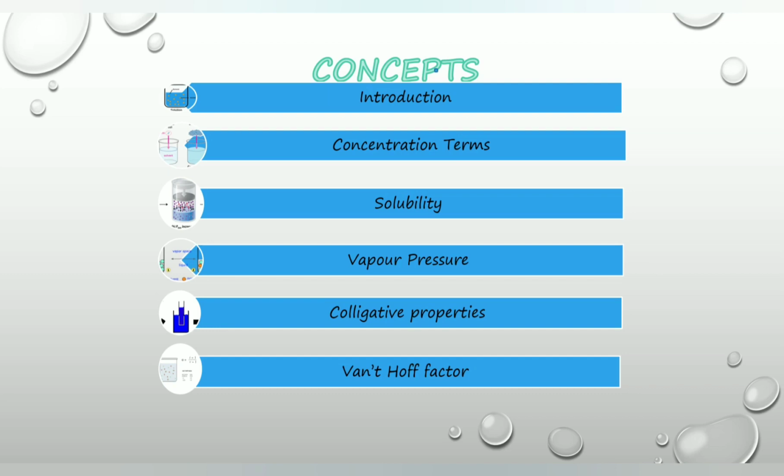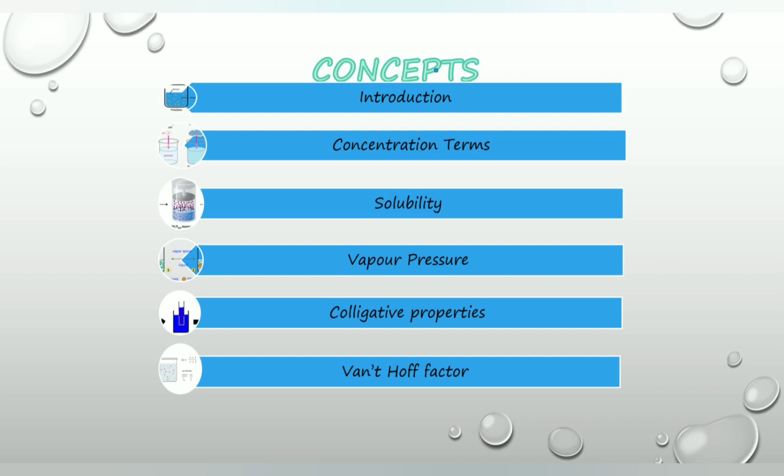Next is solubility. In the solubility part, we'll study the solubility of solids in liquids and solubility of gases in liquids. Next is vapor pressure. In the vapor pressure part, we'll study Raoult's law. Next is colligative properties. There we will study four different colligative properties.